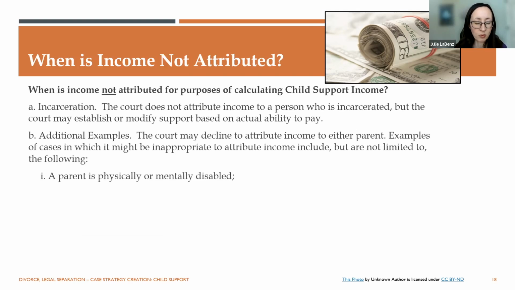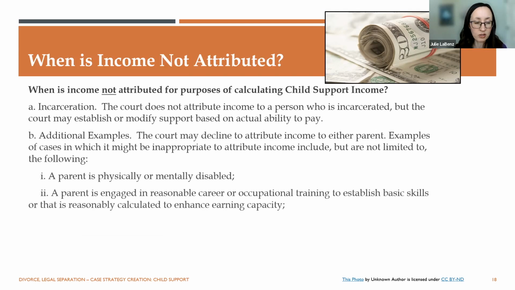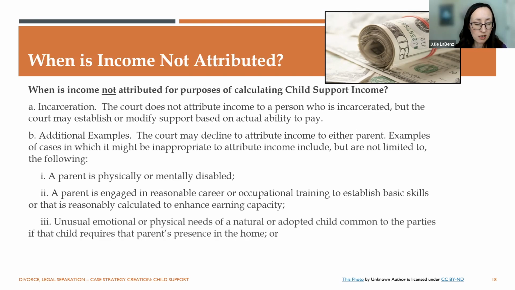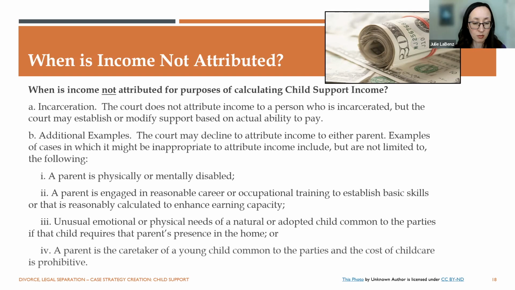Also, if a parent is physically or mentally disabled, if the parent is engaged in reasonable career or occupational training, and if there's unusual emotional or physical needs of a natural or adopted child common to the parties, if that child requires the parent's presence in the home, or a parent is the caretaker of a young child common to the parties and the cost of childcare is prohibitive.